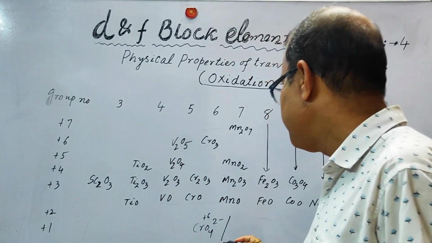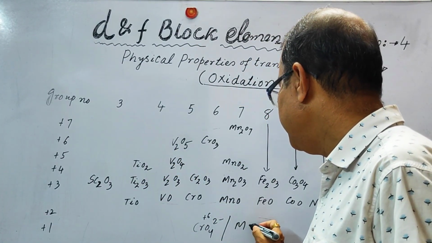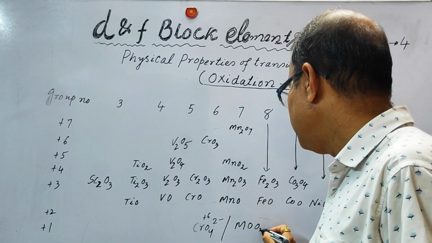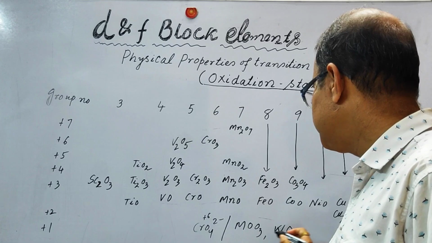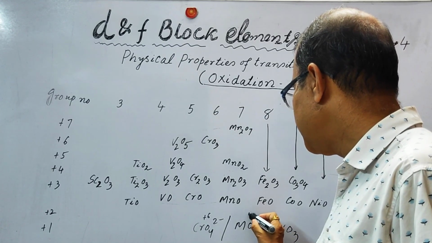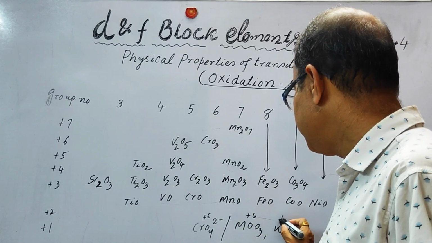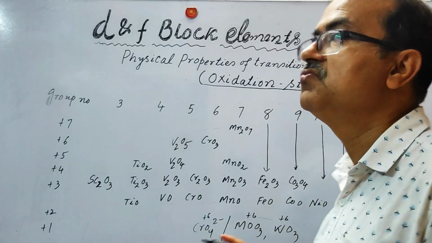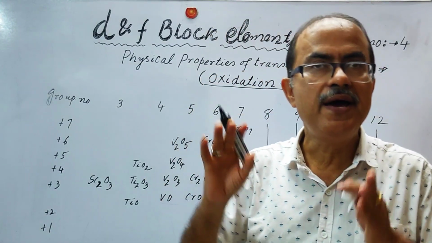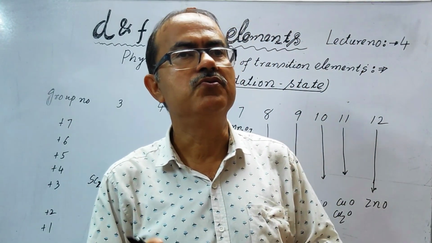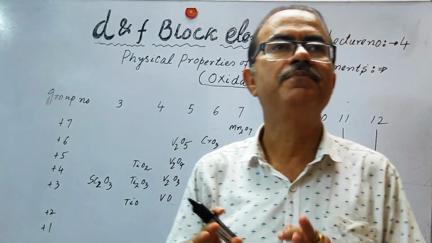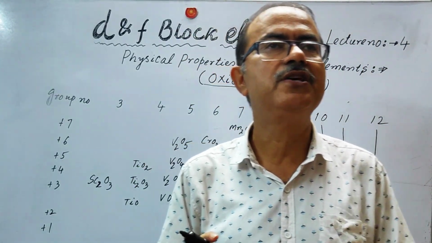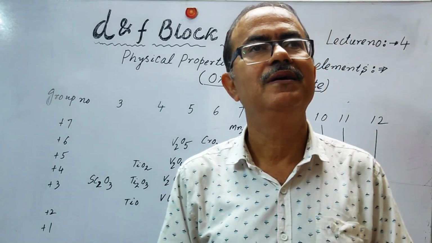But in the case of molybdenum or tungsten, the oxide also shows this plus 6 oxidation state, but it is much more stable. So the higher members of this group will always have the higher oxidation state, which is very stable.